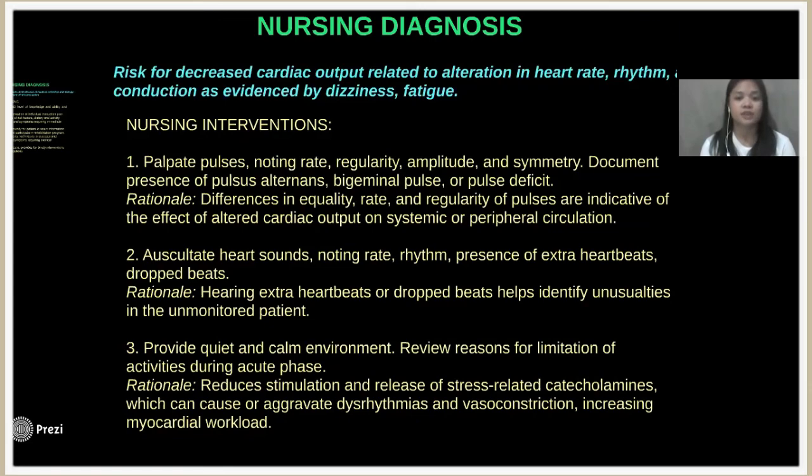Review reasons for limitation of activities during acute phase. Rationale for this is it reduces stimulation and release of stress-related catecholamines, which can cause or aggravate dysrhythmias and vasoconstriction, increasing myocardial workload.